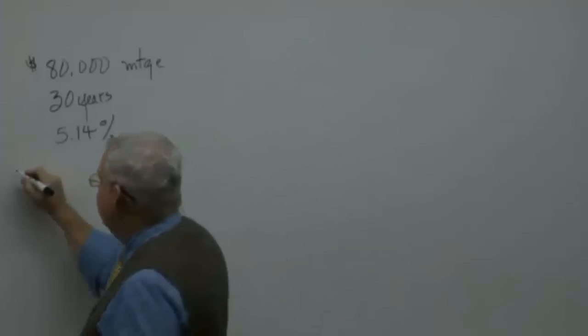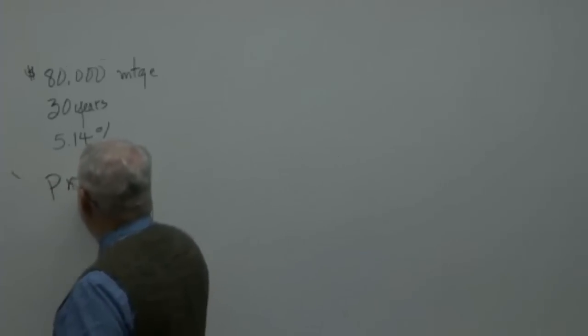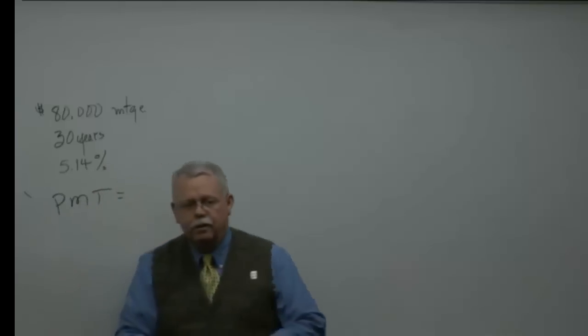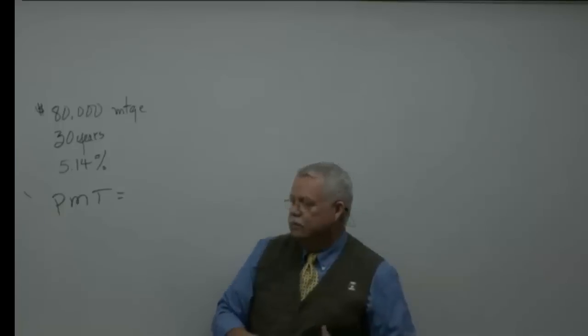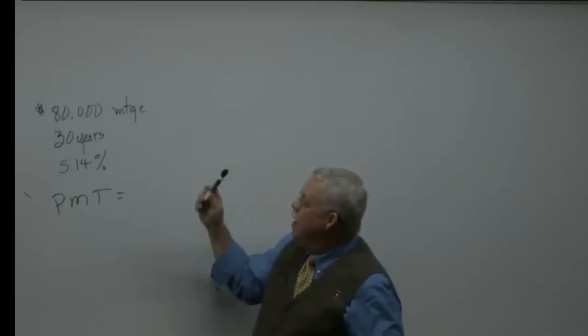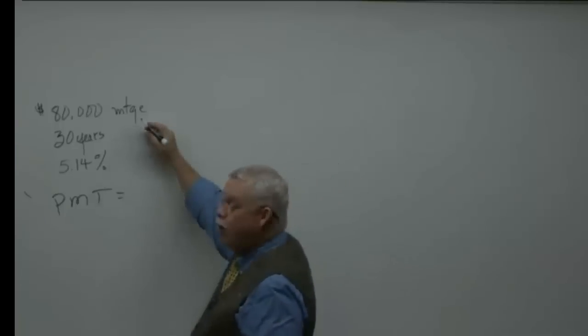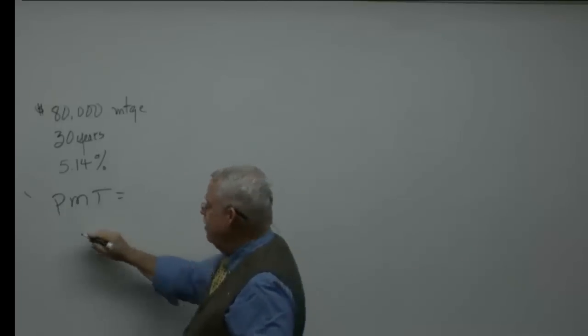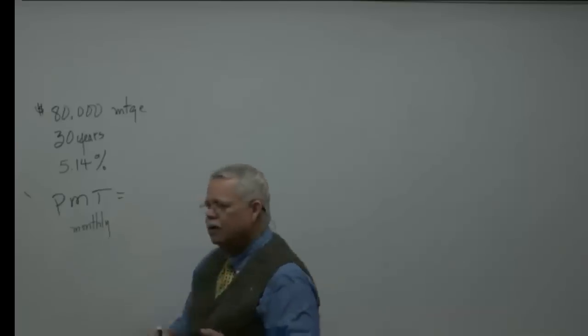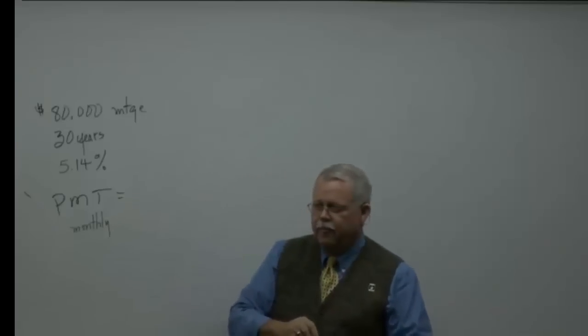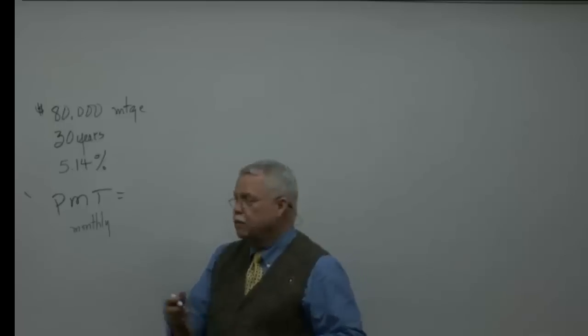What I want you to calculate for me is how much your monthly mortgage payment will be. Mortgage payments are always quoted on a monthly basis, so they're compounded monthly. We need to divide by 12.